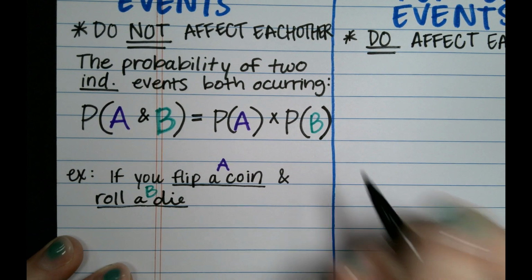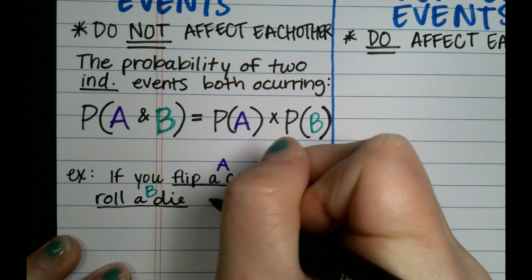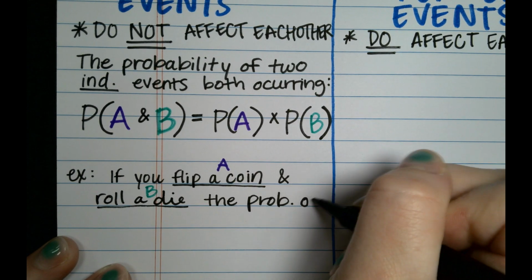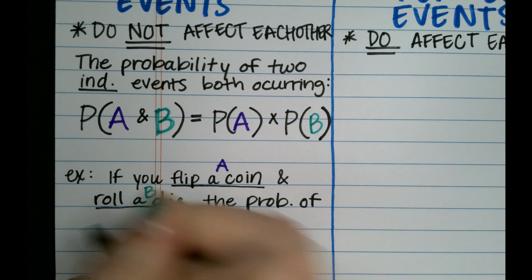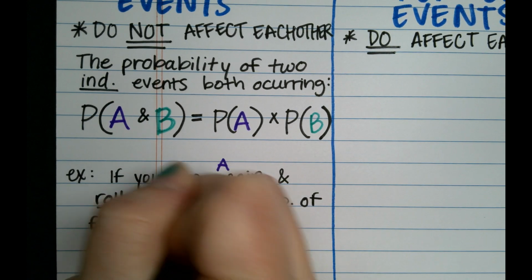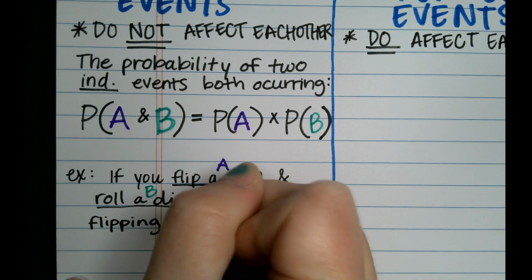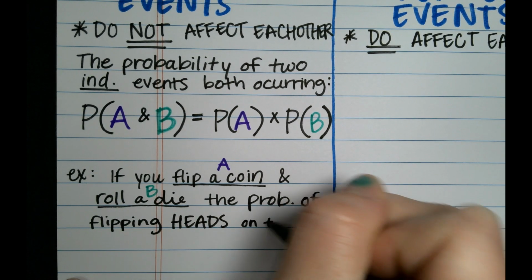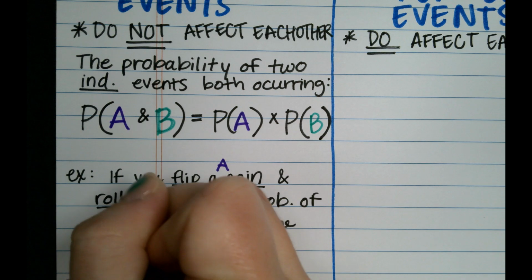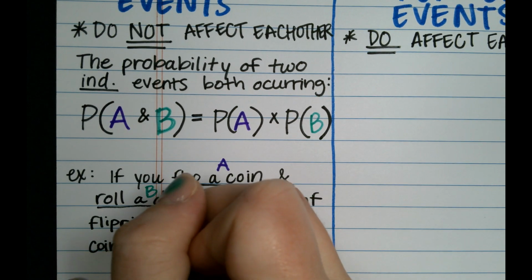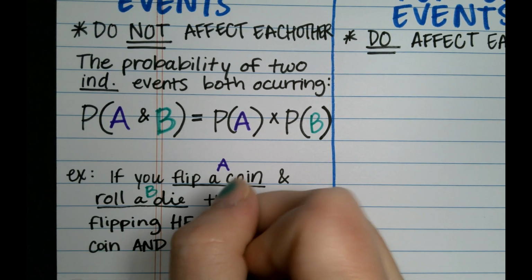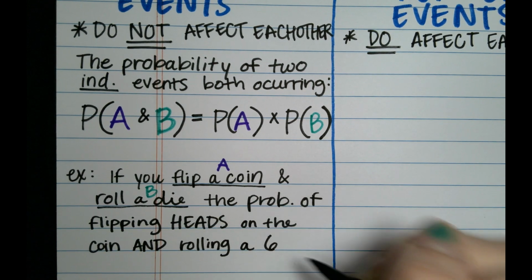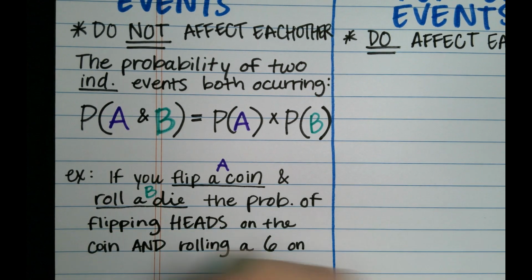Here's how we find the probability, for example, of flipping heads on the coin and rolling a 6 on the dice.